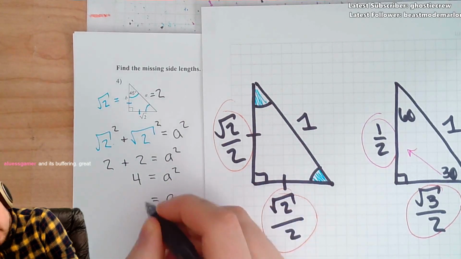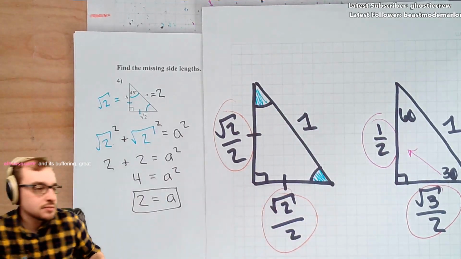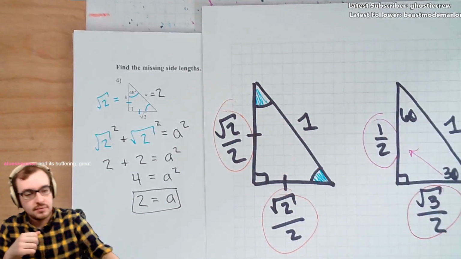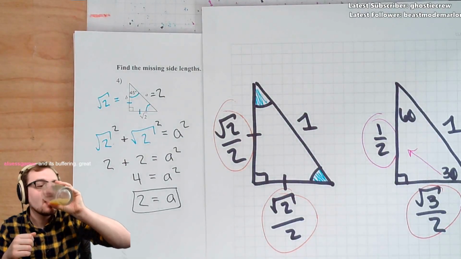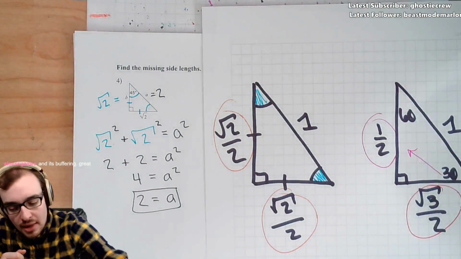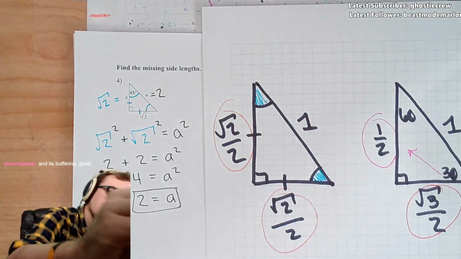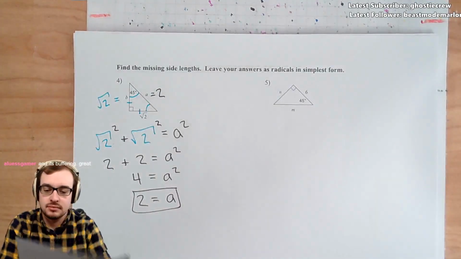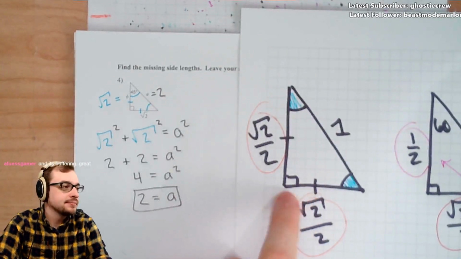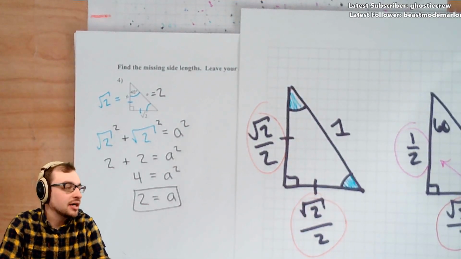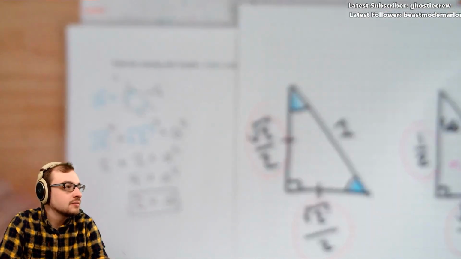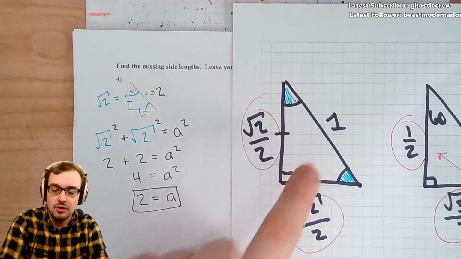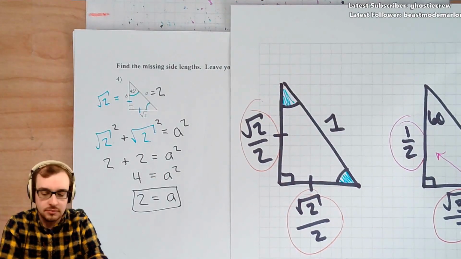When we root both sides, A is going to be 2. So you can either use your triangle here, or you can use your knowledge of Pythag and that this is an isosceles triangle to solve. Either way, if you see the connection, it's easy to say, oh, it's twice as big, it's 2, right? If you don't, do Pythag.